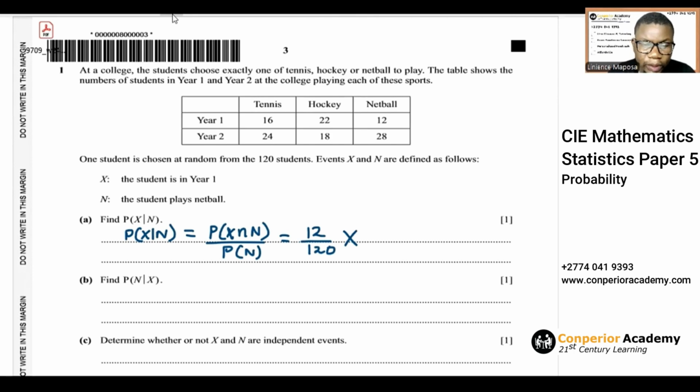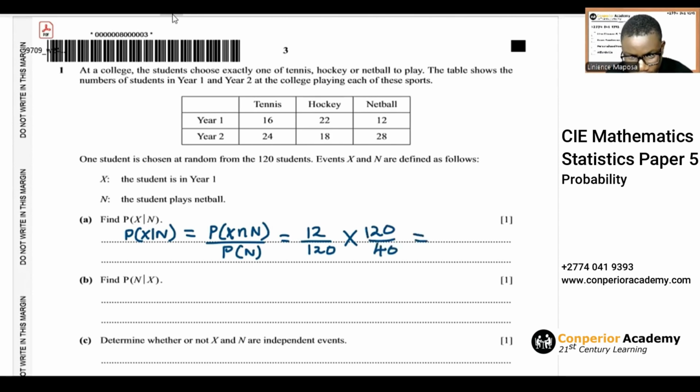Okay, so remember, 12 over 120 is the probability of the intersection. And then I'll multiply by the probability of N. N is the student plays netball. So how many of them play netball? The students that play netball would be 28 plus 12, which is equal to 40 over 120. So if I inverse 40 over 120, I get 120 over 40.